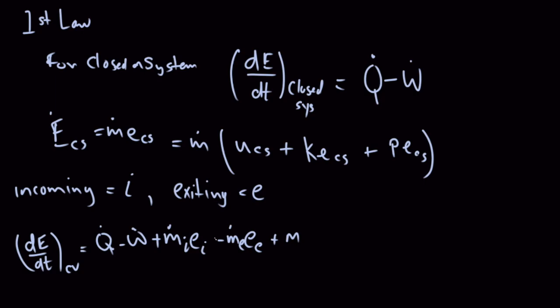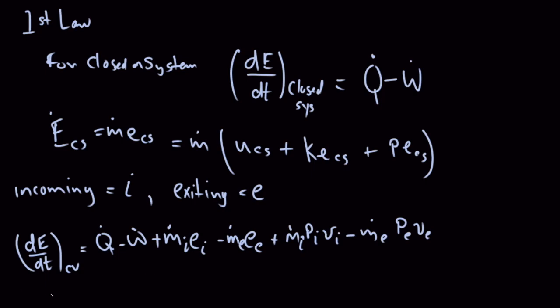The energy, if you remember, lowercase e, is basically the internal energy plus the kinetic plus the potential. But in the previous slide, I showed you what we found was flow work. So the other energy associated is m dot of the incoming times the flow work, which is pressure of the incoming times specific volume of the incoming, minus the exiting flow, pressure of the exiting flow times specific volume of the exiting flow.